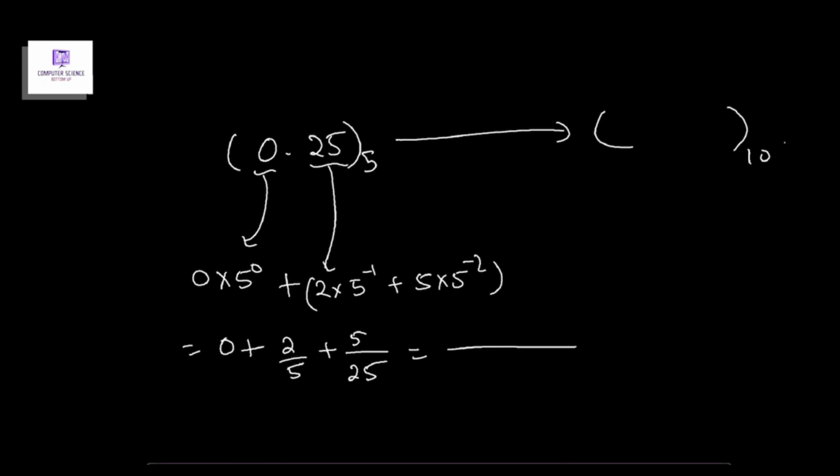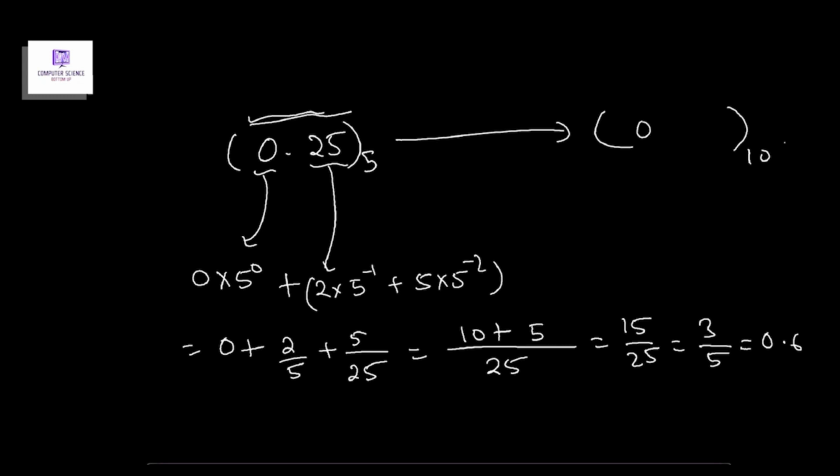This is equal to 10 plus 5, that is 15 by 25, which is 3 by 5, and 3 by 5 is 0.6. So 0.25 in base 5 is 0.6 in base 10.